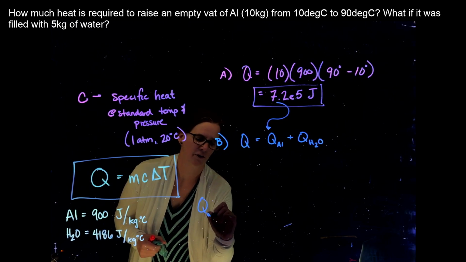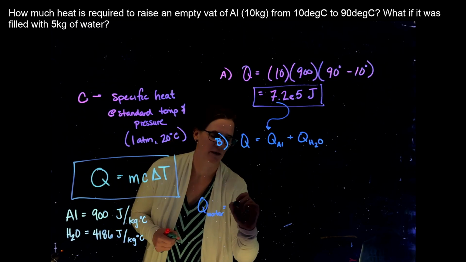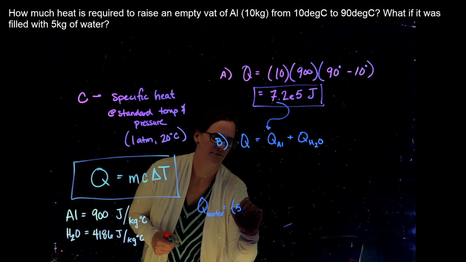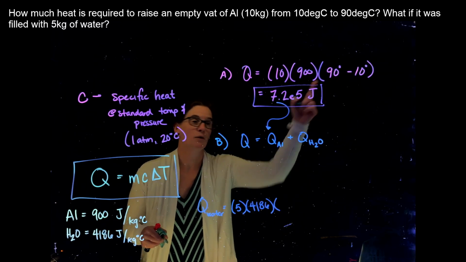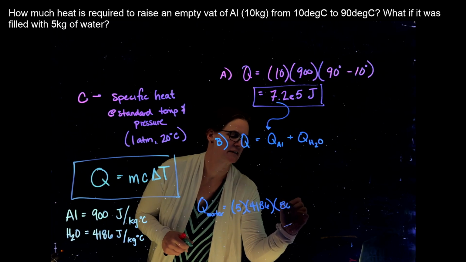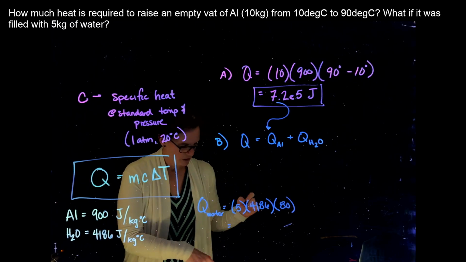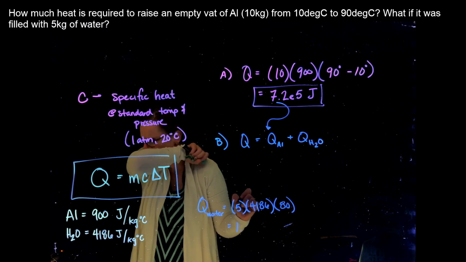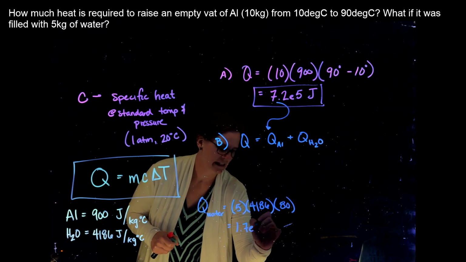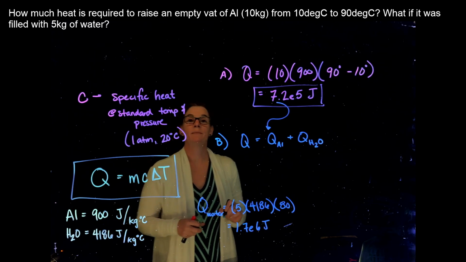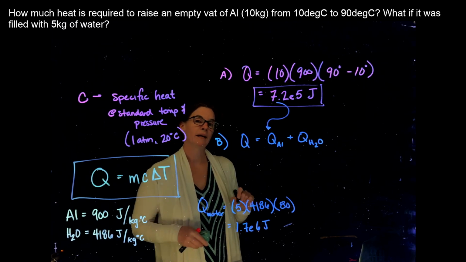So Q for water is going to be, well, what does it say? 5 kilograms of water, so my mass is 5. The specific heat of water is 4186 times, and I'm still going 90 minus 10, or 80 degrees of temperature change. And when we do that, we find our amount for water is 1.7 times 10 to the 6th joules, the amount of heat required to move this 5 kilograms of water by 80 degrees.